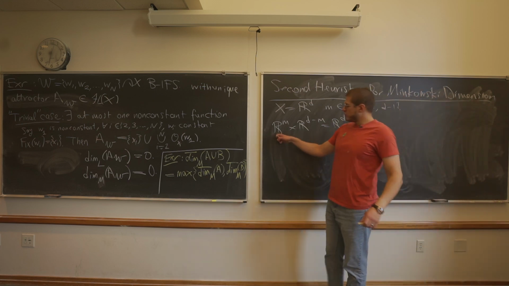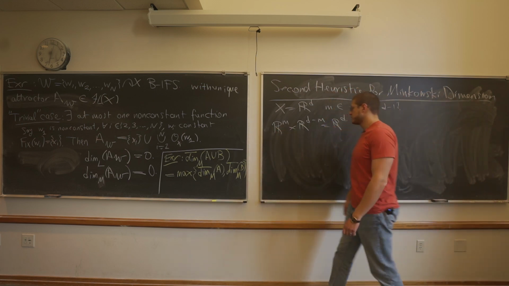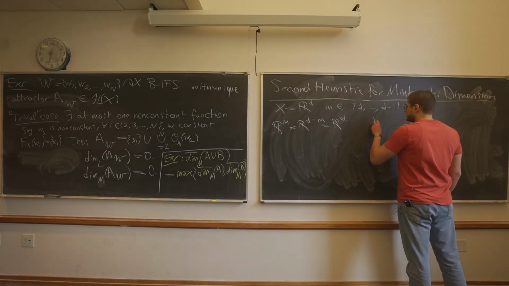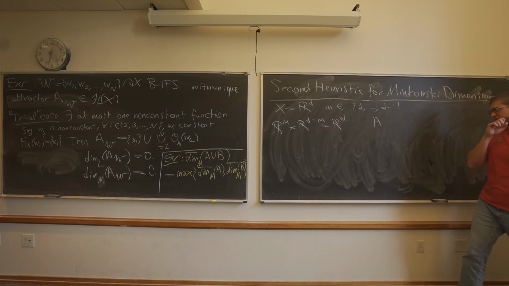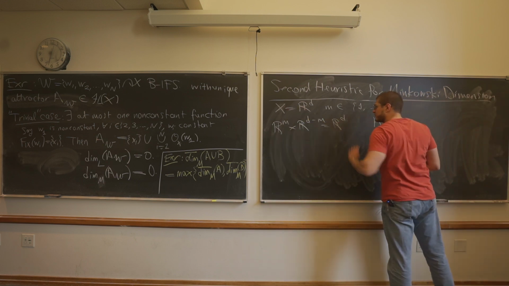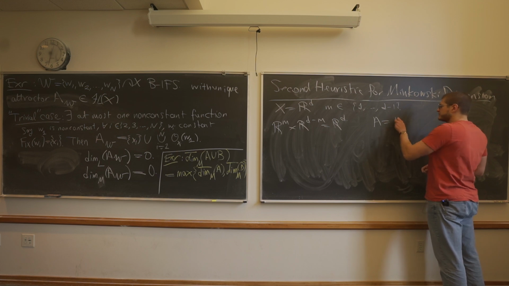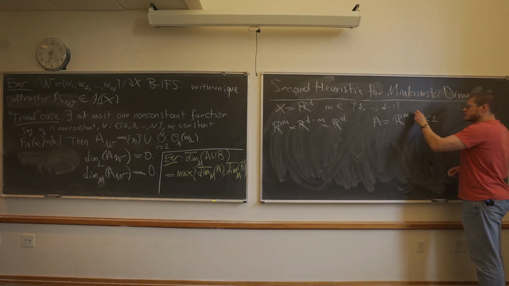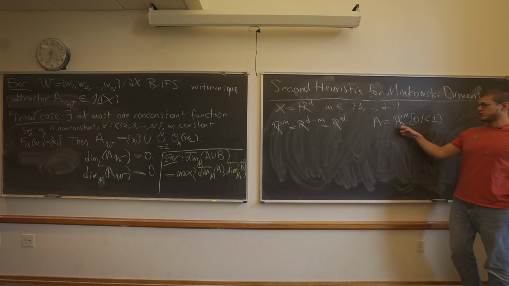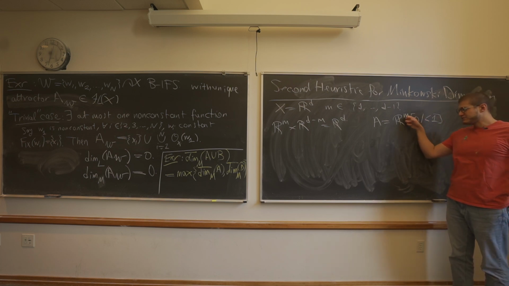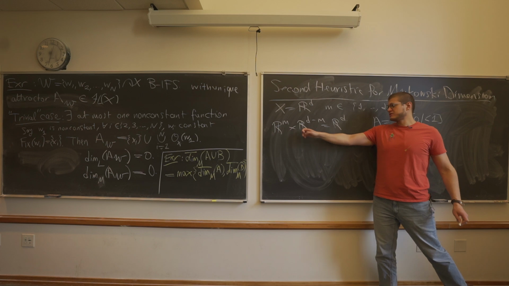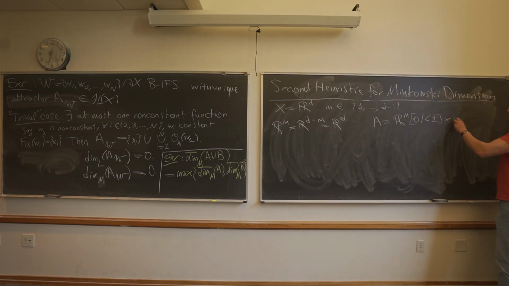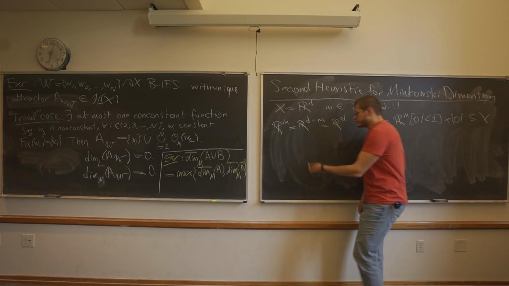Let me take a small ball here, okay? So one way to write this would be something like this. I'm going to define my set A, a subset of X, as the unit ball in M dimensions times, in the second factor, 0.